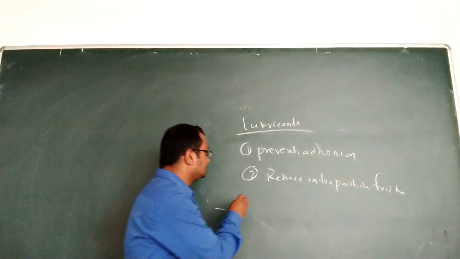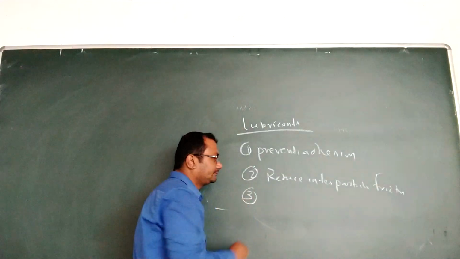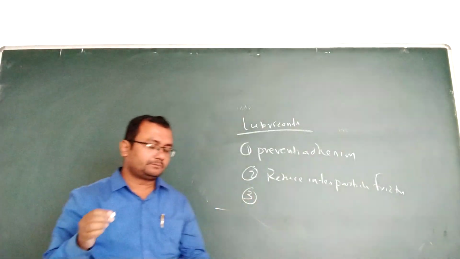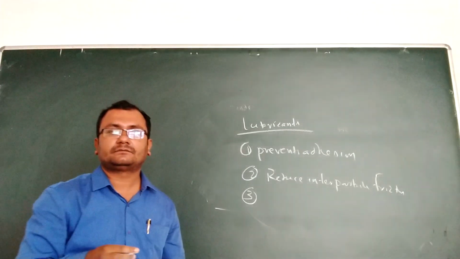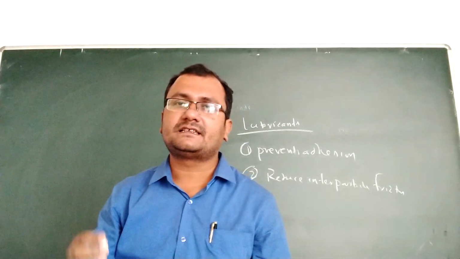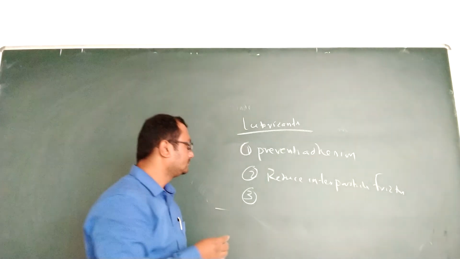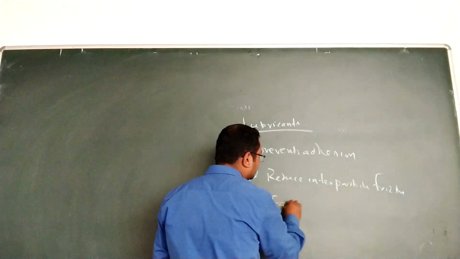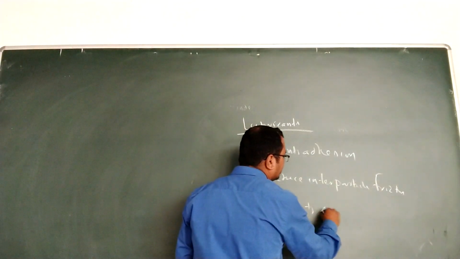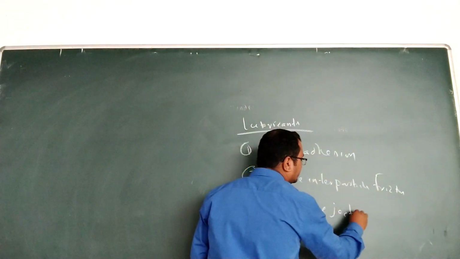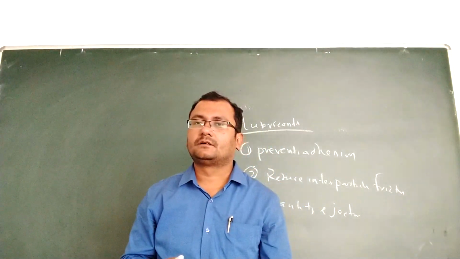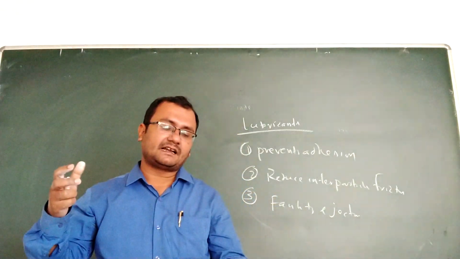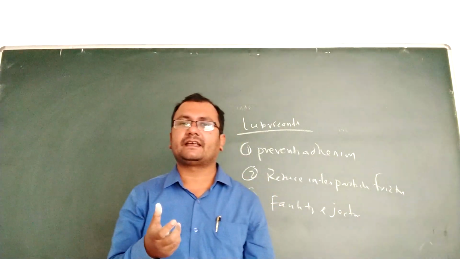Third, it facilitates ejection from the die wall. So this is the main objective of the lubricating agents.